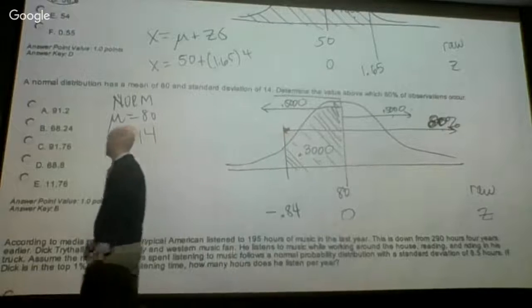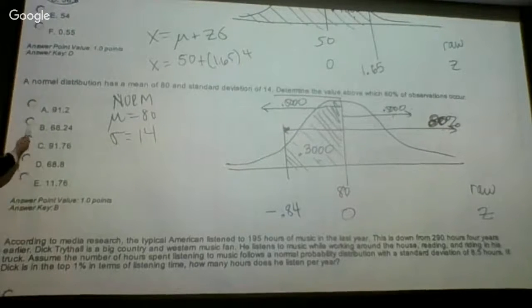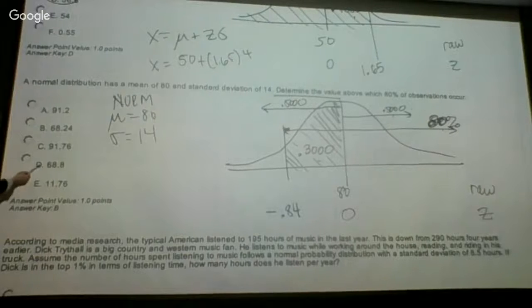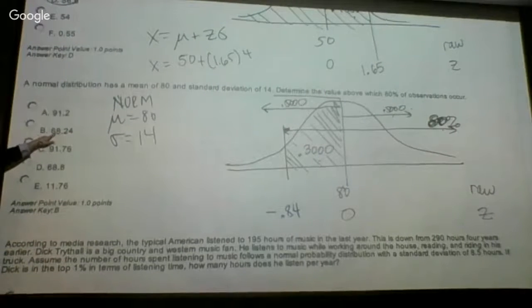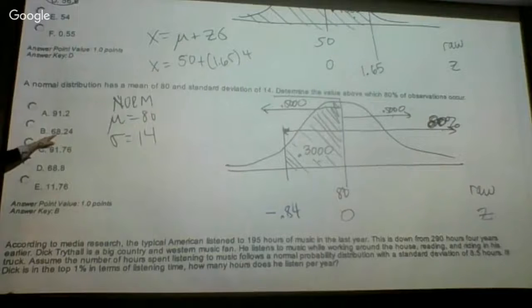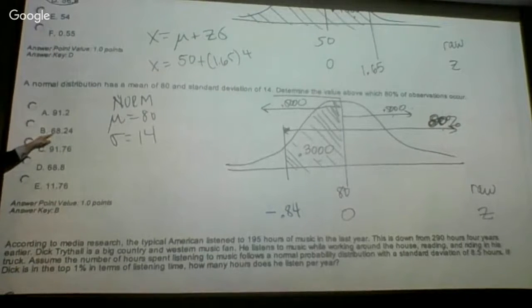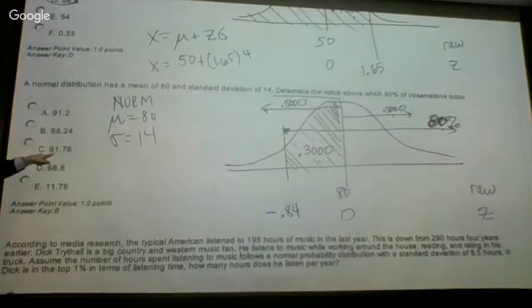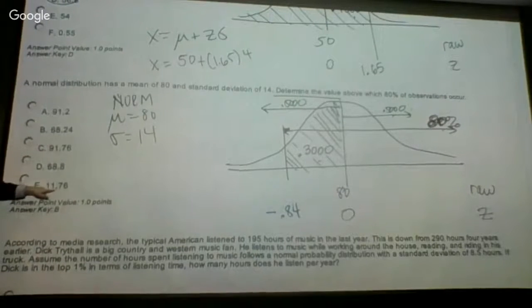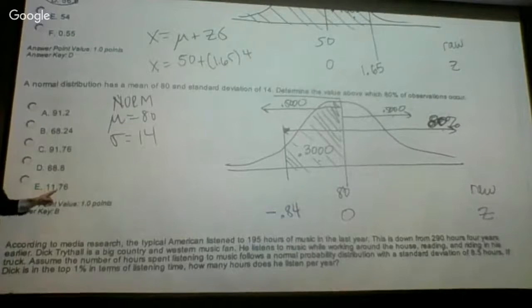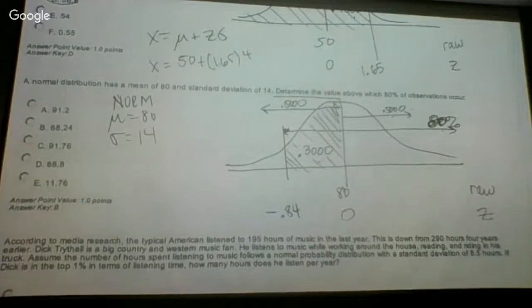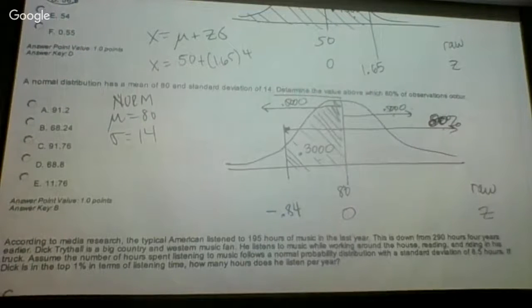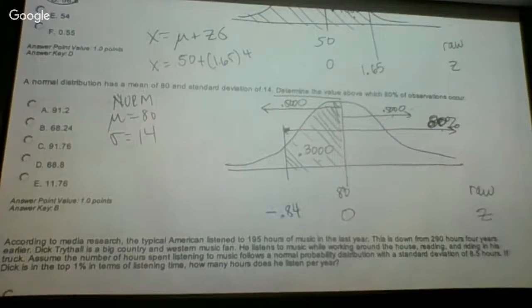It should be probably one of those two values, because those are the only two values you're left with. Based on the arithmetic, that's the right answer, because that has a z of negative 0.84. That has a z of positive 0.84. That represents the raw distance between the mean and a z of 0.84 or negative 0.84.